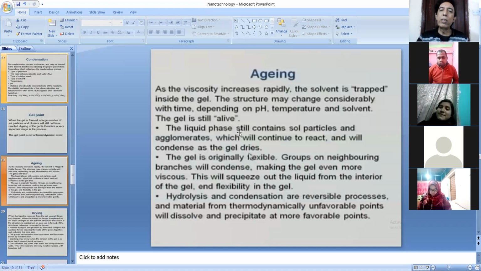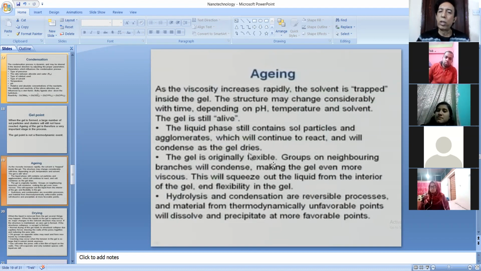The liquid phase still contains salt particles and they agglomerate, which will continue to react and will condense as gel dries. Now, when gel dries, the salt particles will agglomerate and continue to react.